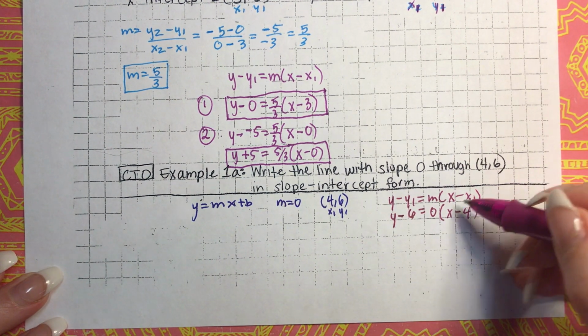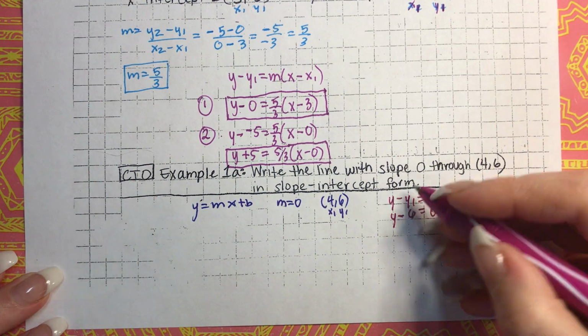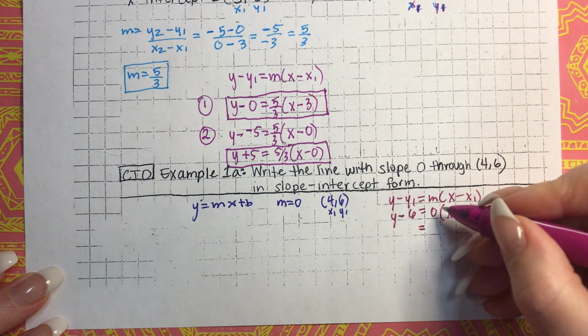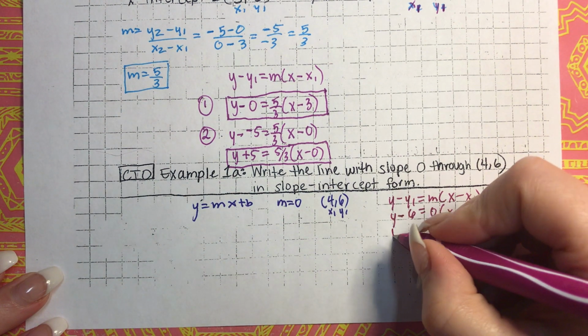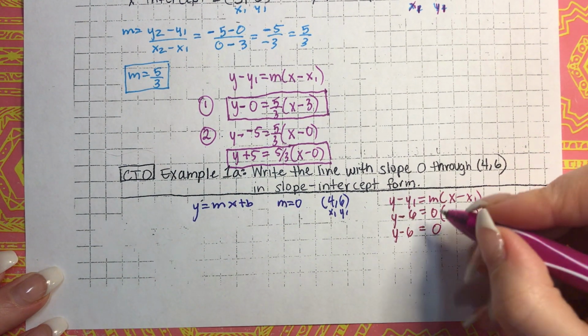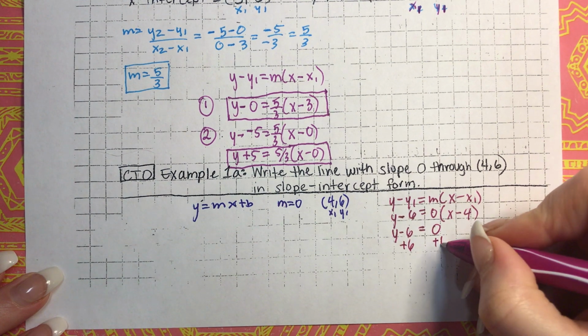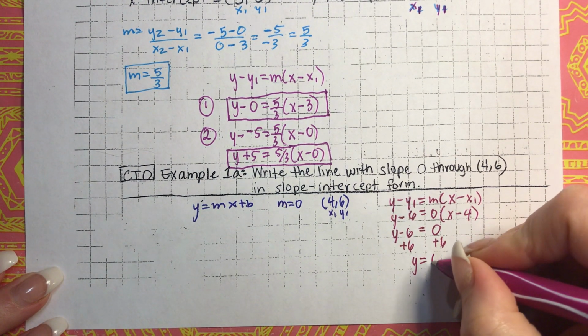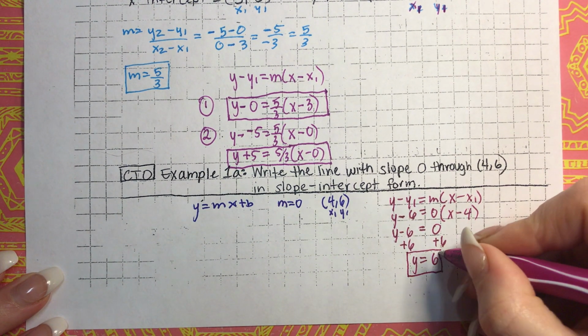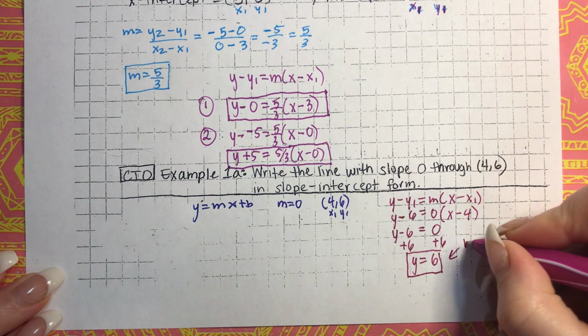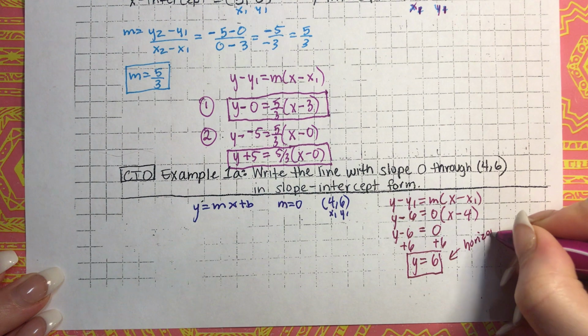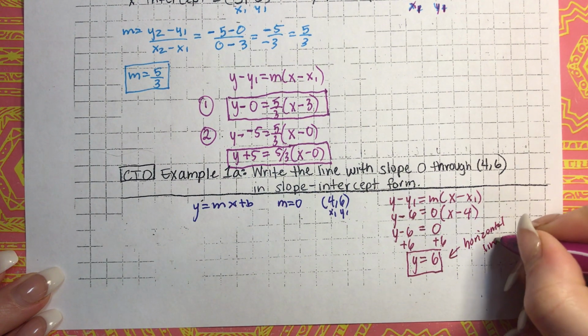I would distribute this 0. 0 times x is 0, right? And 0 times -4 is 0, so this whole side ends up being 0. Then I just need to get y by itself and add 6 to both sides, and I end up with y equals 6. Do you guys know what y equals 6 is? y equals 6, if you remember, is a horizontal line. Okay?